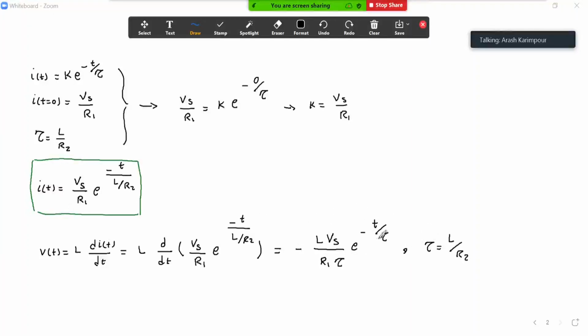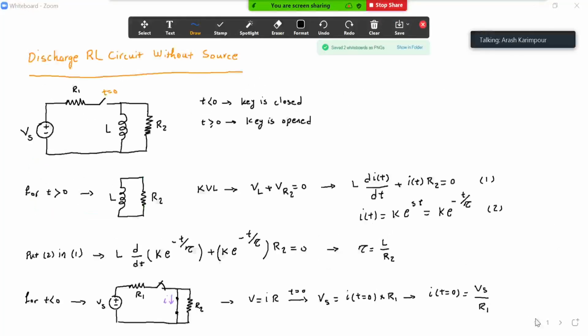You get the equation for this condition. So again, if I go back to the previous slide, all we wanted to do very quickly is fully charge an inductor, and after we fully charge it, at t equals 0 we open the key.